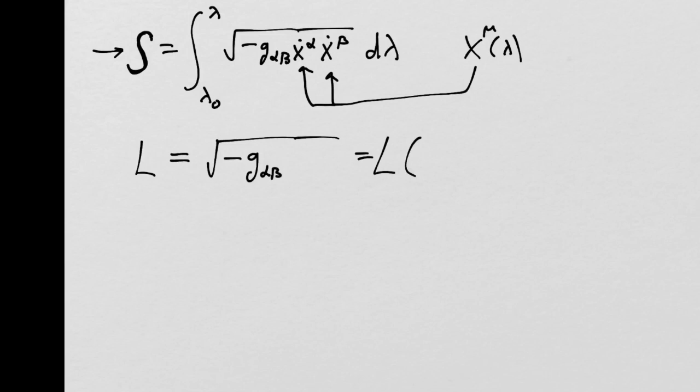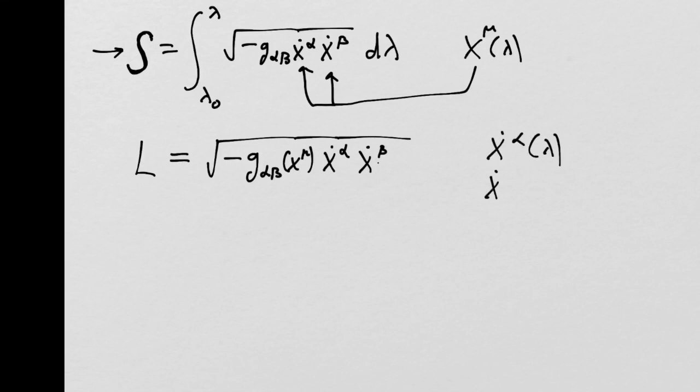I meant to rewrite this with a little extra clarity. The metric is a function of space-time, and then we have x dot alpha, x dot beta. What I'm suppressing is that x dot alpha is a function of the parameter, x dot beta, of course, is a function of the parameter, and x mu is a function of the parameter.